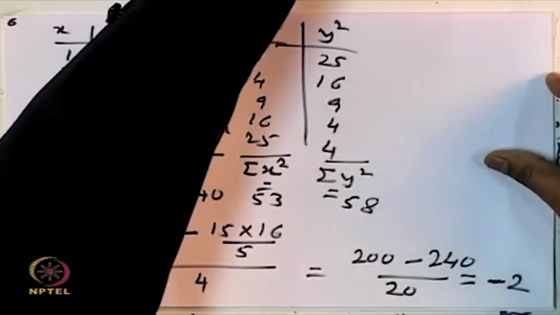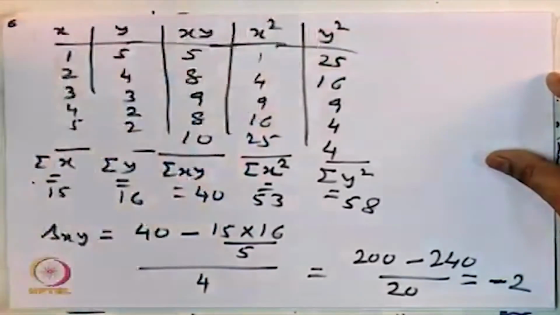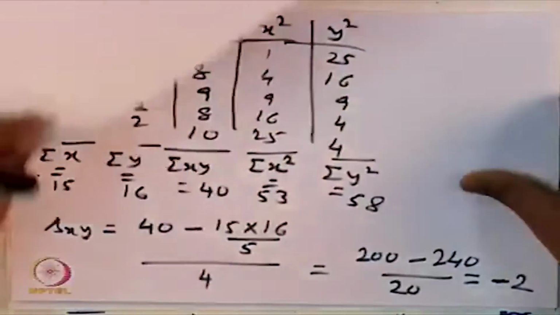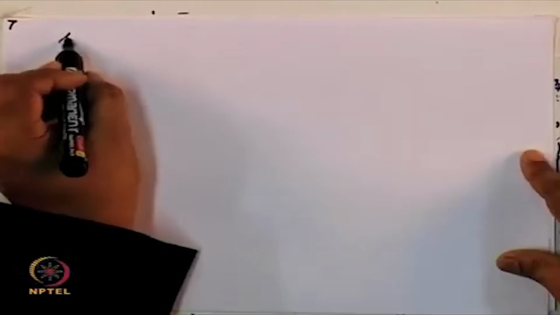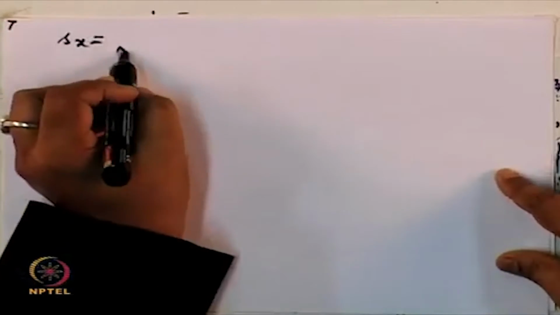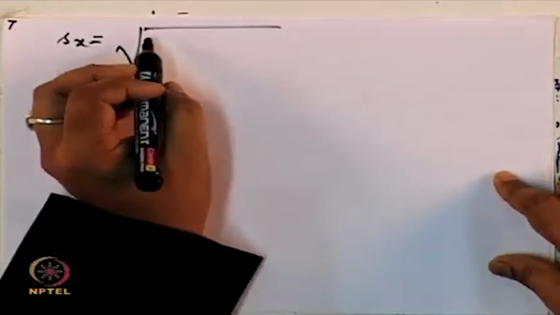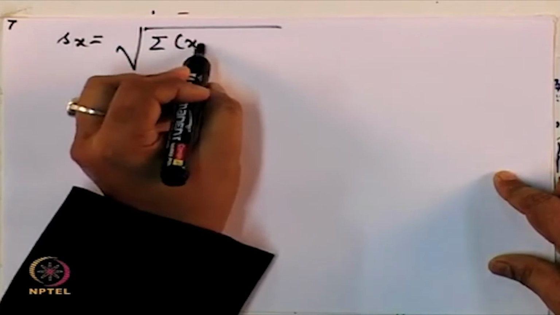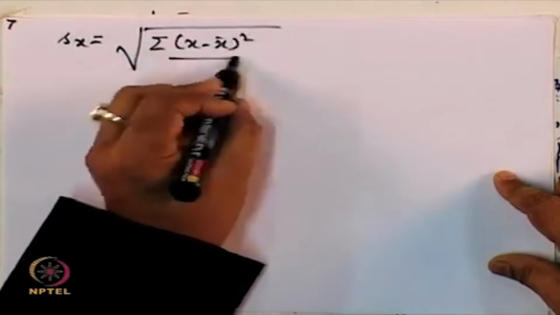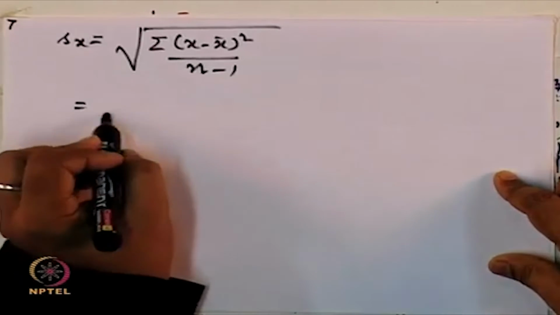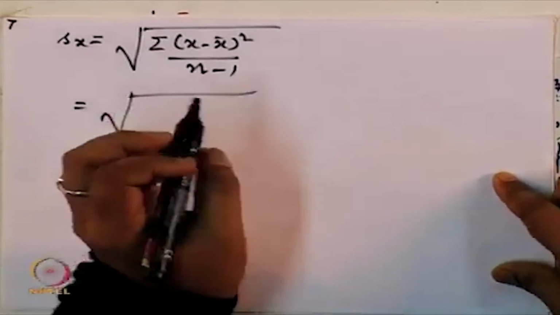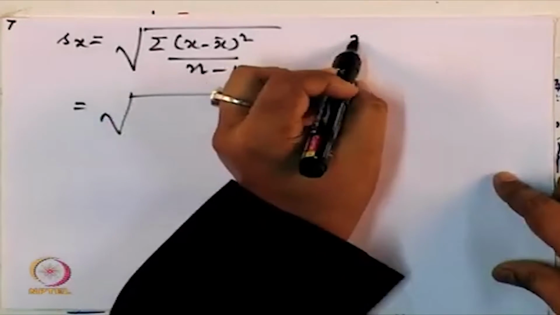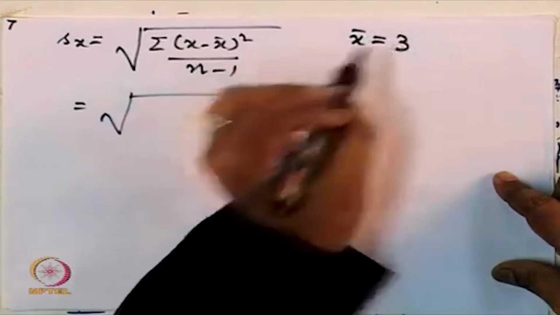I can go on to calculate the value of s x. S x is equal to square root of summation of x minus x bar whole square by n minus 1. In this case x bar is equal to 3.